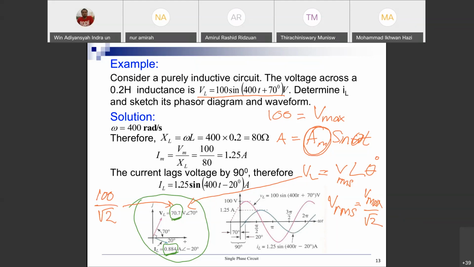And then the current 0.884 is the same. That one is the RMS value. So you find the I maximum, which is 1.25, and the RMS comes from 1.25 divided by square root of 2, which is 0.884.